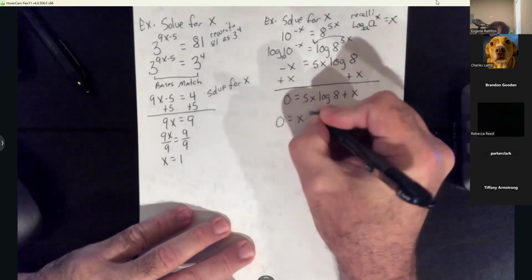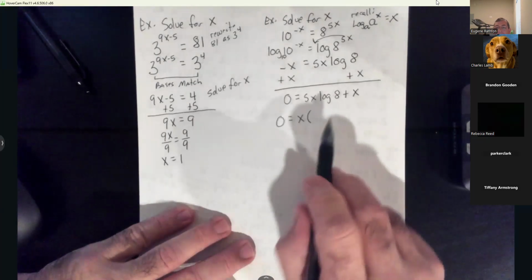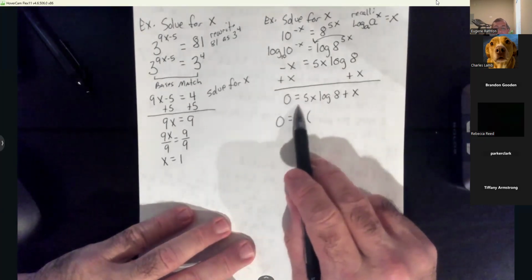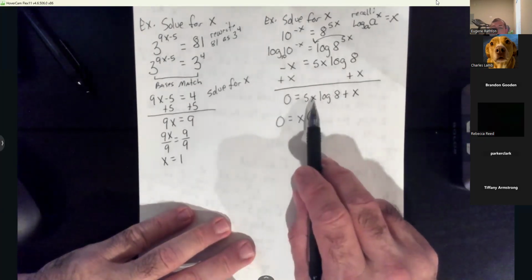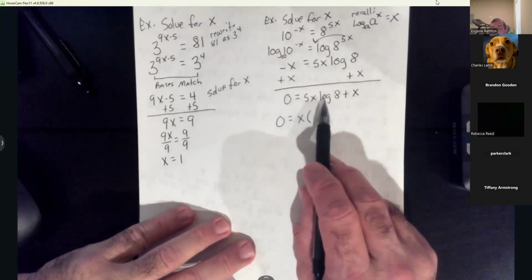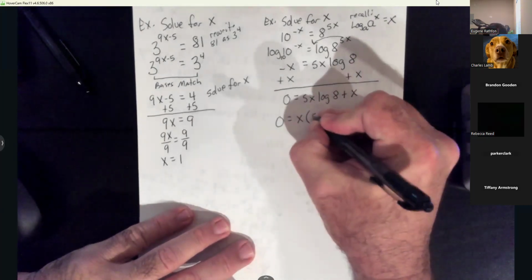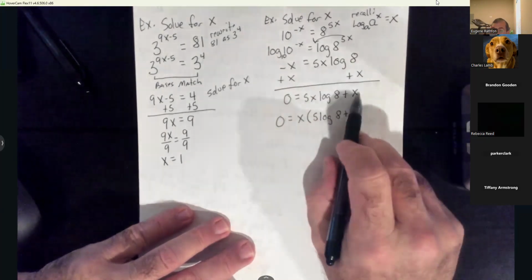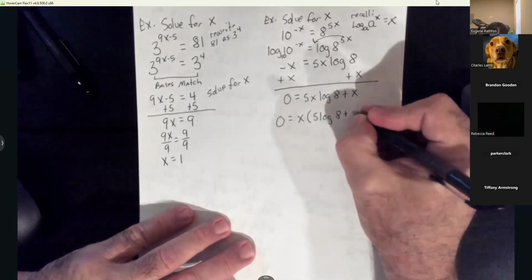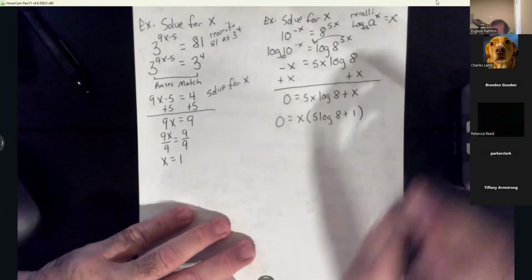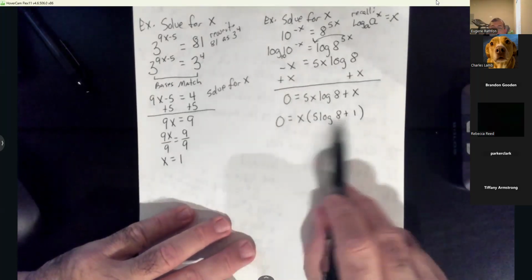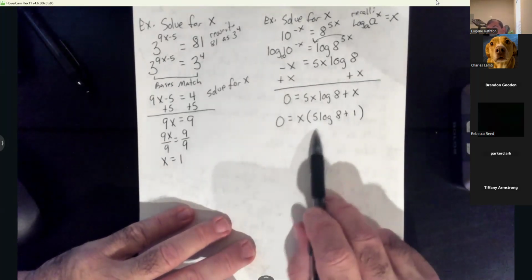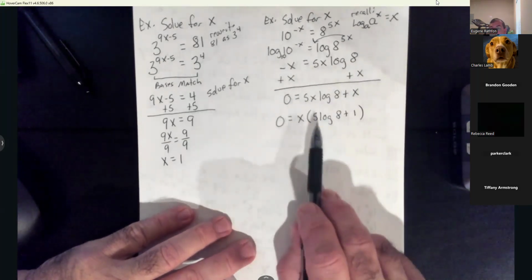So if you factor out the x like a greatest common factor, what's left is a 5 times log 8. And in here, x divided by x leaves us a 1. So y'all are going to be really close. The only difference on y'all's and mine is the 5s and the 8s I got, okay?